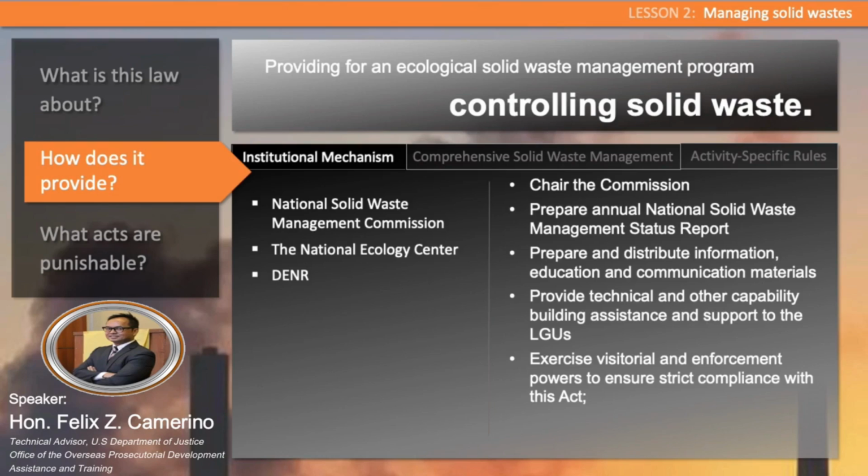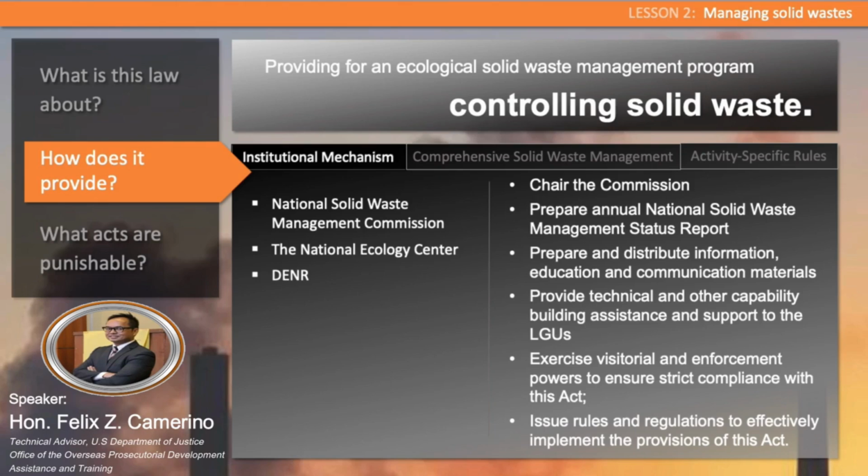I would imagine that there will be some investigators involved as members of the party that does these visits. So what else would we find relative to the powers and functions of DENR? They also issue rules and regulations to effectively implement the provisions of this act. That speaks to setting parameters on what is a lawful or an unlawful activity.